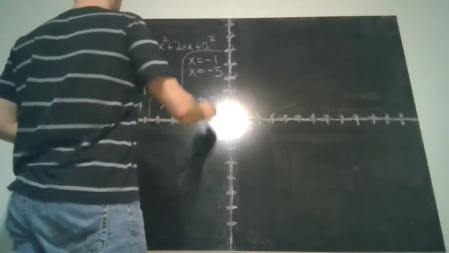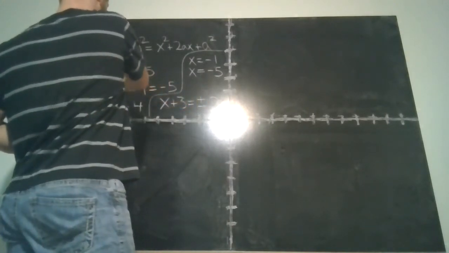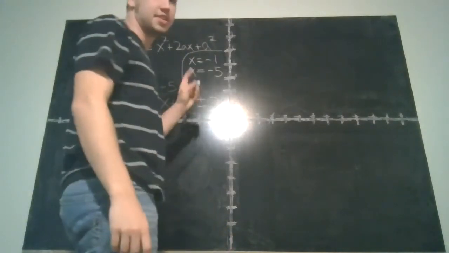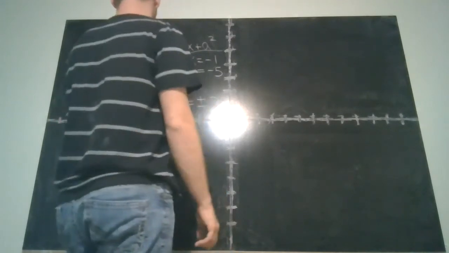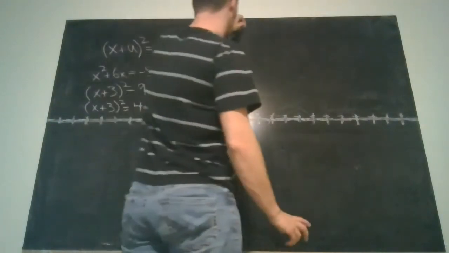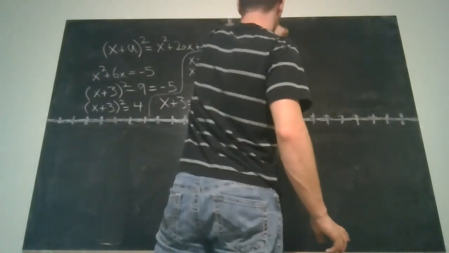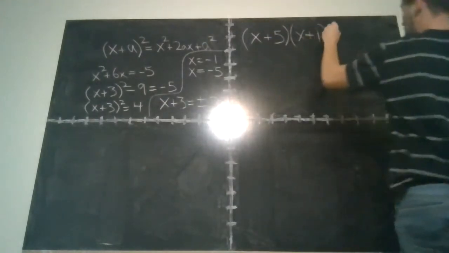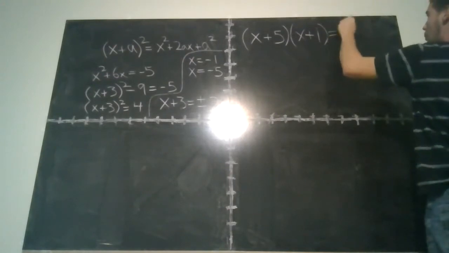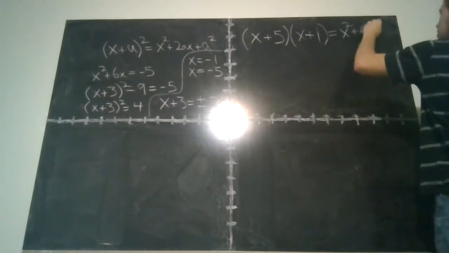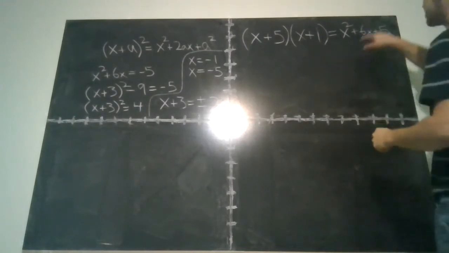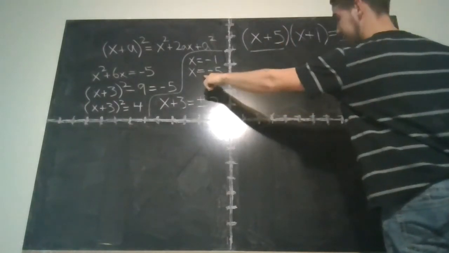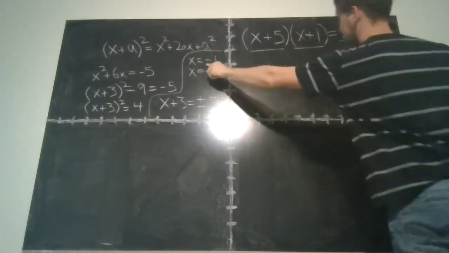Then, if we actually put this back together to the x squared plus 6x plus 5 is 0, we would get x plus 5 times x plus 1, and if we set that equal to 0, then either this must be 0, in which case x is -5, or this must be 0, in which case x is -1.